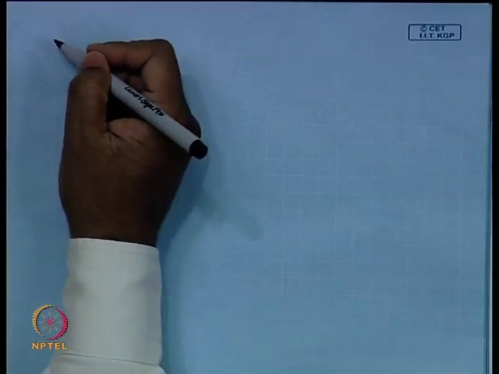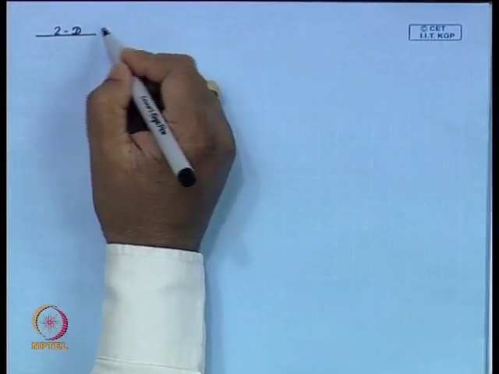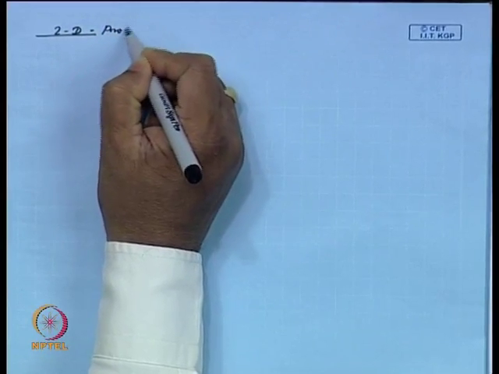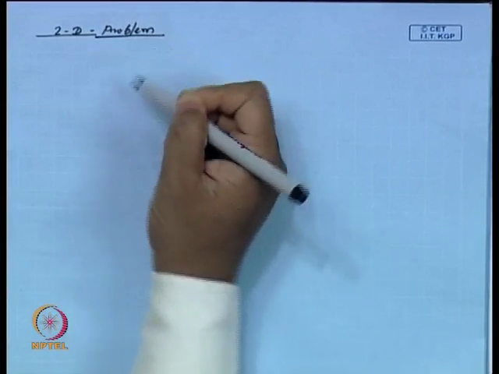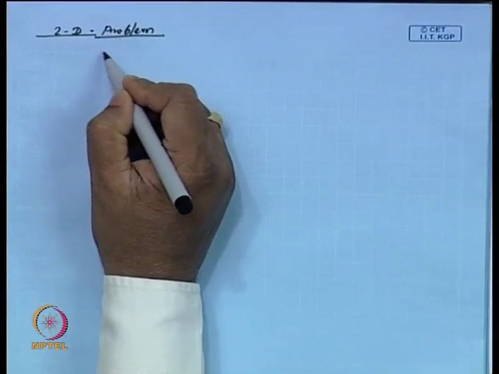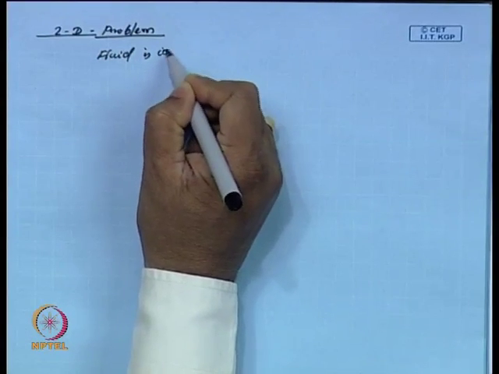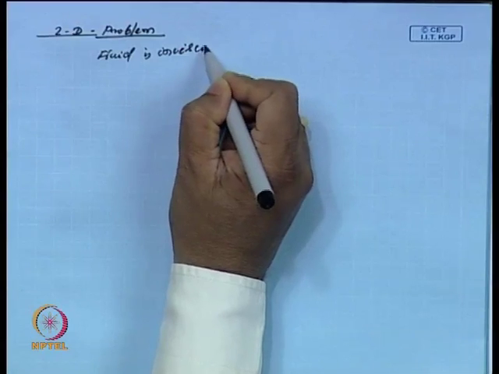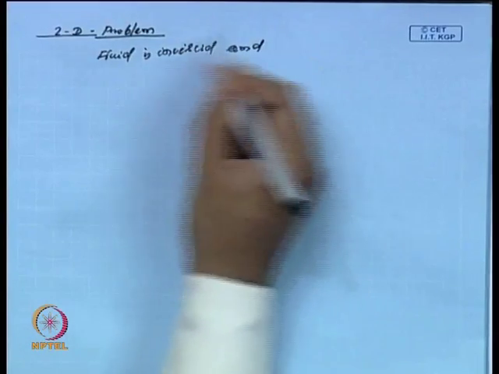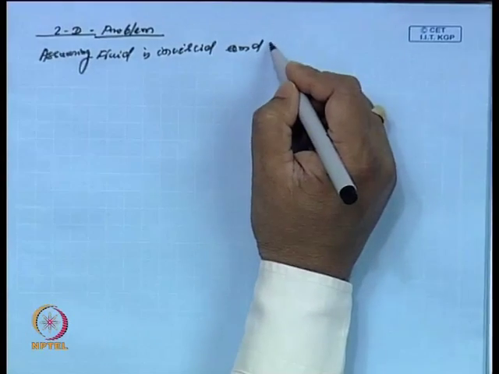With this background, let us look at the Euler equation of motion. Firstly, I will consider a two dimensional problem, and assume that water is a fluid that is inviscid and incompressible.